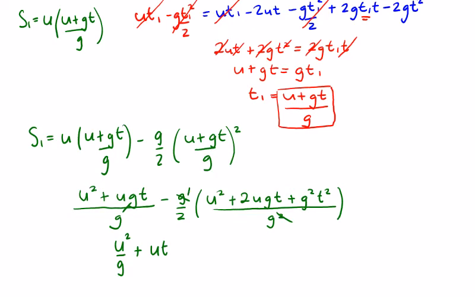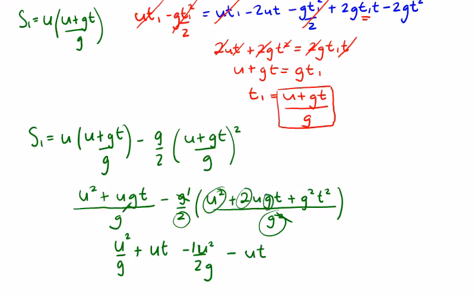We've got u squared over g, but it's half of that, so minus a half u squared over g. Then the 2 and this 2 will cancel, so it's just minus 1 times ugt over g, minus ugt over g, minus ut.